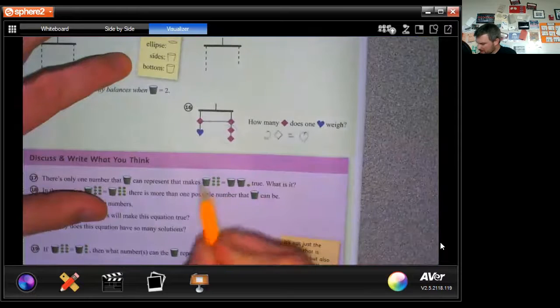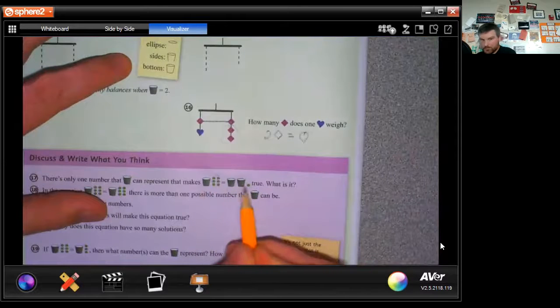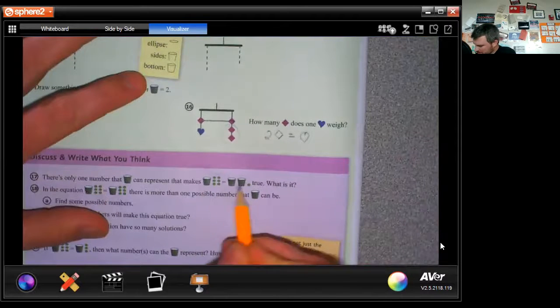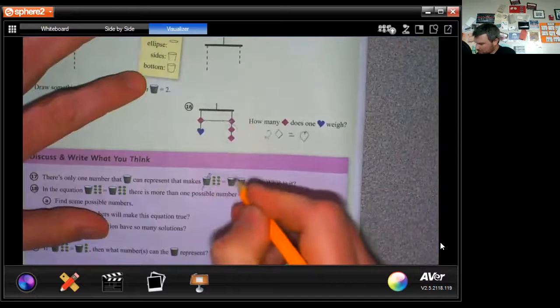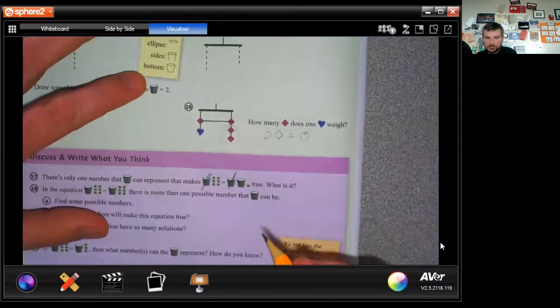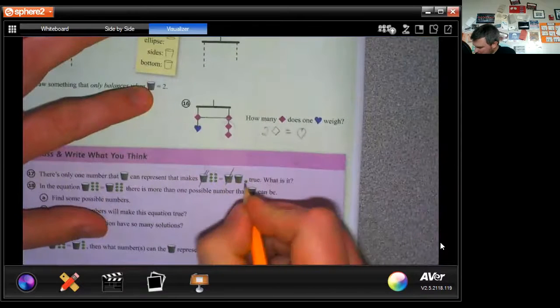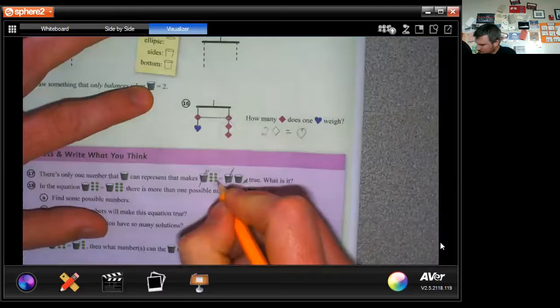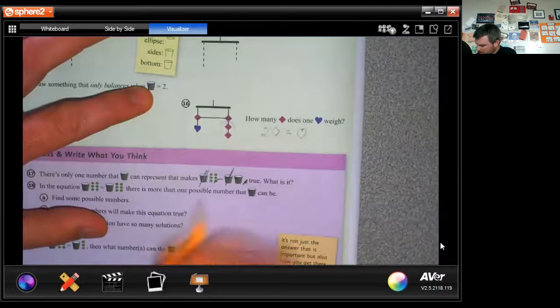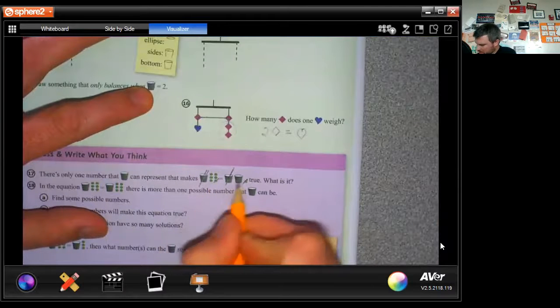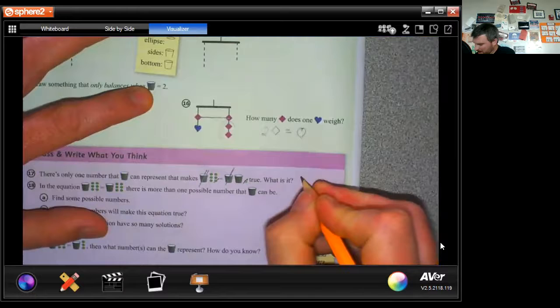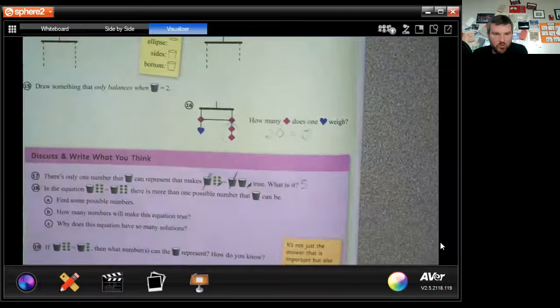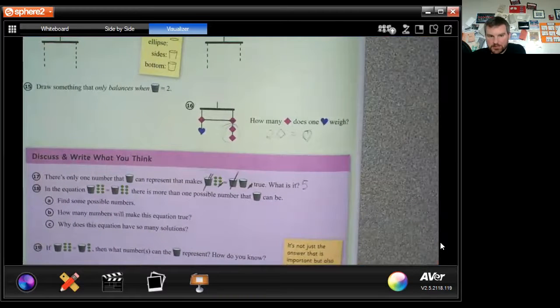This is one side and this is the other. Well, we've got buckets on both sides, so get rid of that bucket and get rid of that bucket. We've got a dot here and a dot here. Those cancel. Well, then I got 1, 2, 3, 4, 5 equals a bucket. So 5 must be the only number that makes that possible.